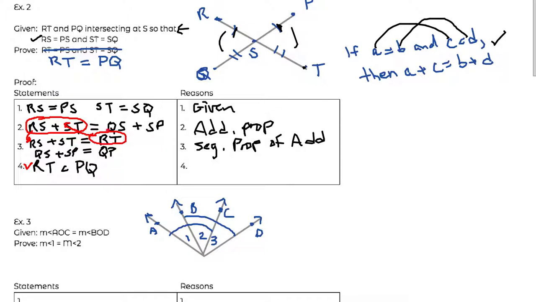And we have this one, QS, SP, that's right here. So instead of writing QS, SP, we can write QP, which is right here. And we proved it, and all we did was substitute. We took this 1 and put it in where those 2 are, and we get that substitution.